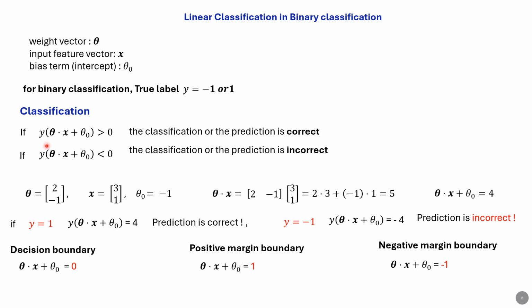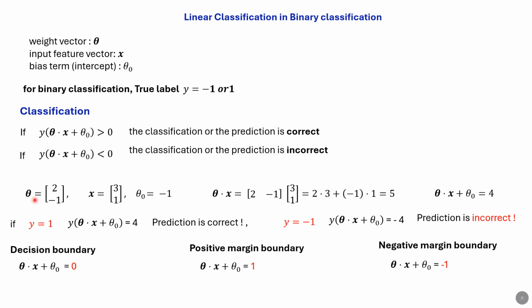And we can get the dot product between these two vectors, theta dot x. Then we can compute this expression, theta dot x plus theta naught. When you multiply this expression by y, if it is greater than 0, then the classification or the prediction is correct. Otherwise, the prediction is incorrect.